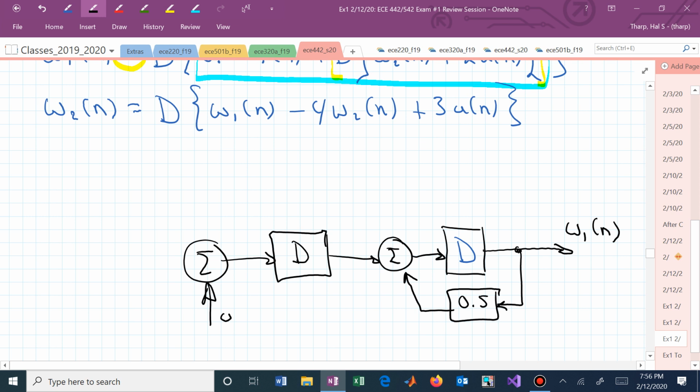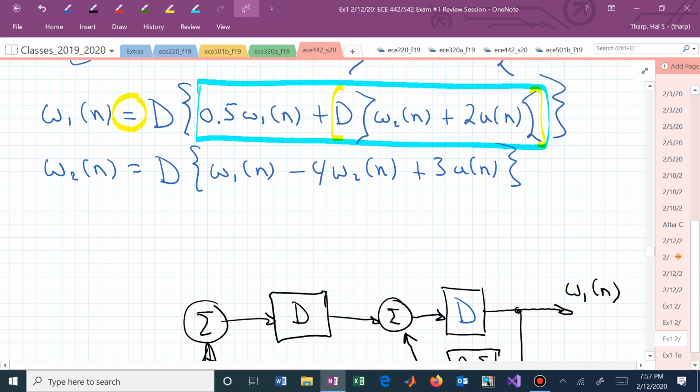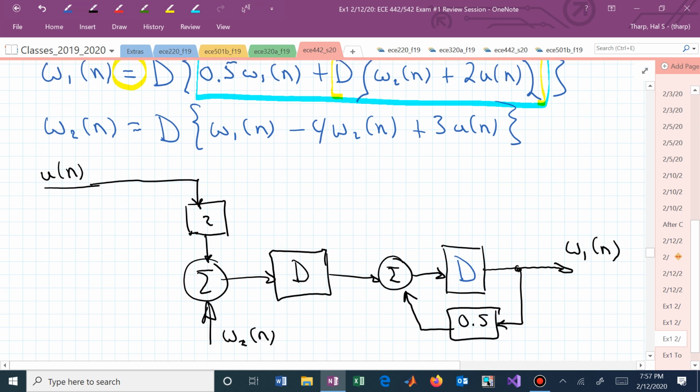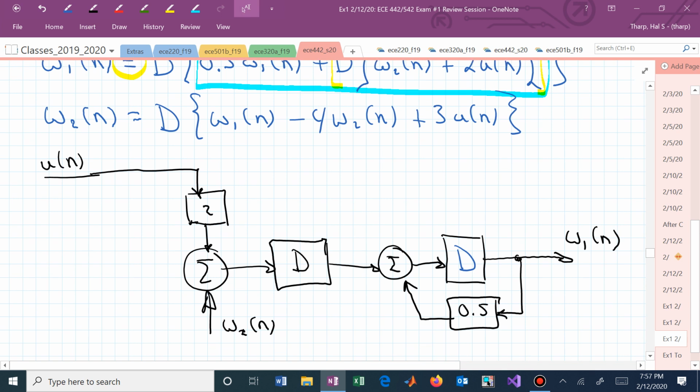So here's W2 of n. And 2 times U of n. And I said I had these signals available. There's U of n, and I'm going to scale it by 2. And that's my first equation.